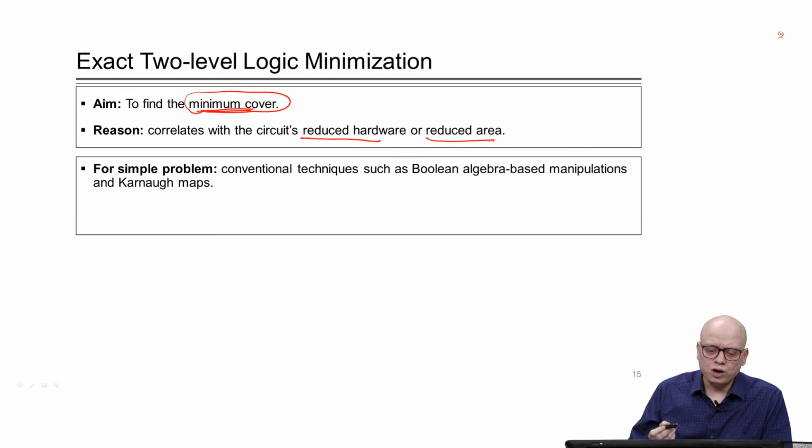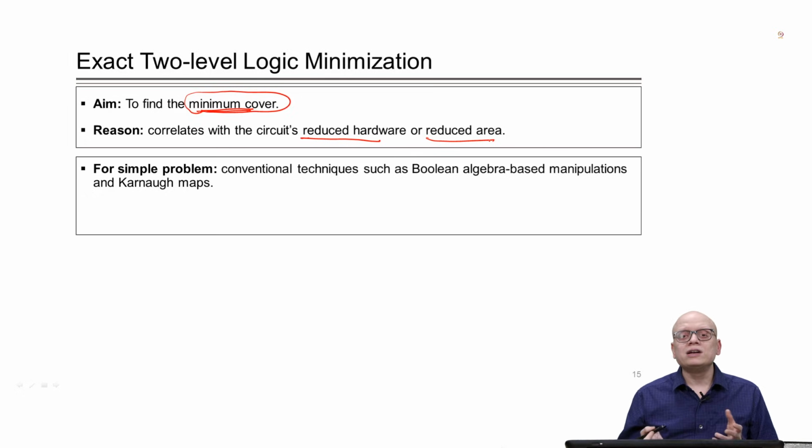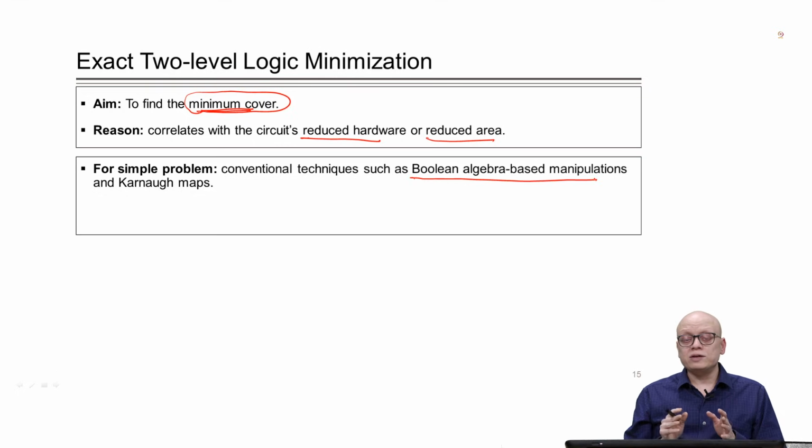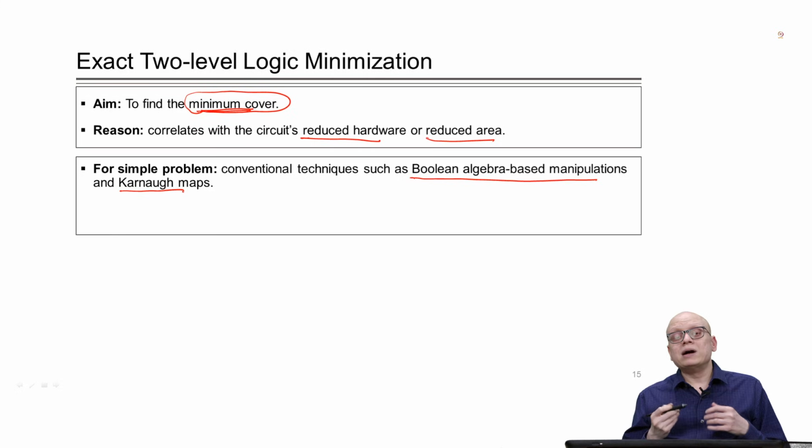For simpler problems, in your digital circuit course, you might have looked into various methods of minimizing a logic function. For example, you might have done minimization using Boolean algebra methods, applying De Morgan's law, commutativity, associativity and other properties of Boolean operators, or you might have used Karnaugh maps to minimize the logic.